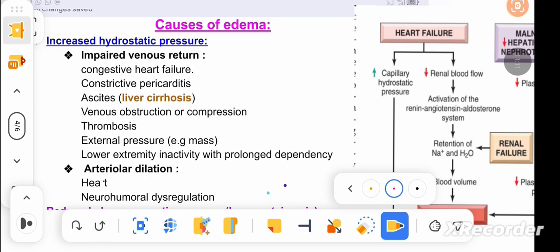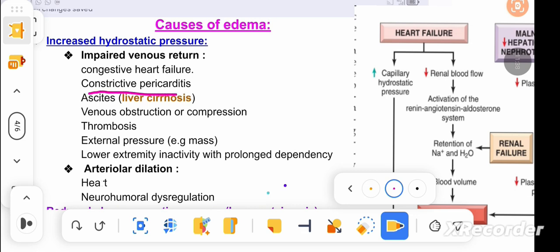Impaired venous return can be caused by things like congestive heart failure. Congestive heart failure impairs venous return, and constrictive pericarditis as well will impair venous return, leading to edema. And remember, in congestive heart failure, we are going to have generalized edema.